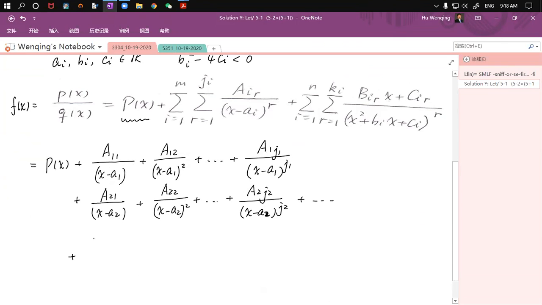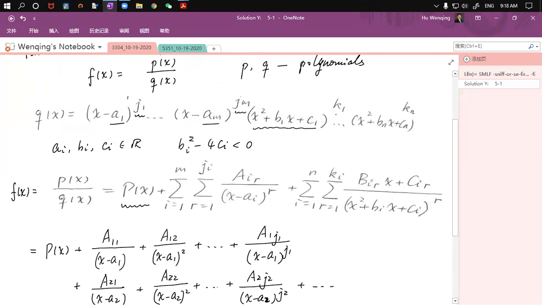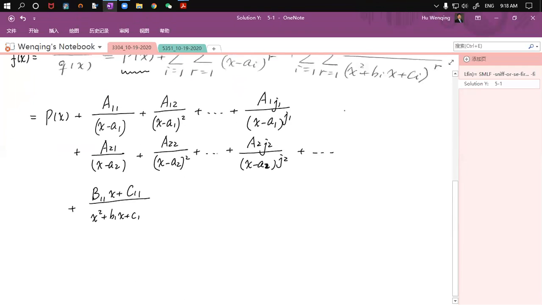But if the denominators are quadratics, the numerator has to be a first order polynomial. So basically, you're going to have b11 x plus c11 divided by x squared plus b1 x plus c1. That's the first order, but you're going to reach the same thing: the maximum power is k1.